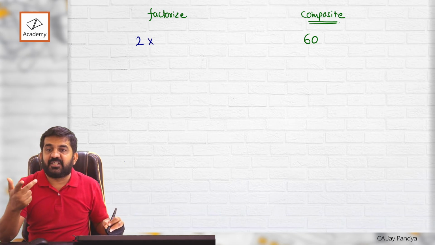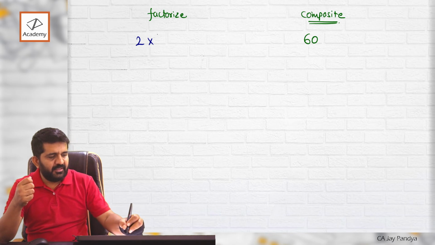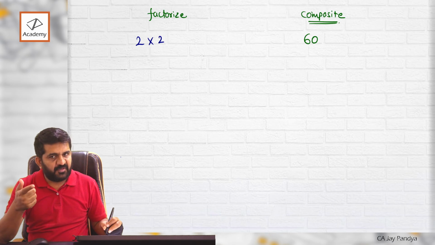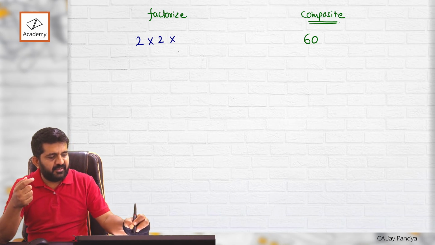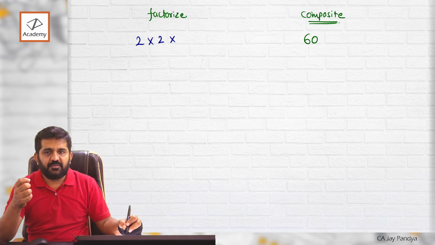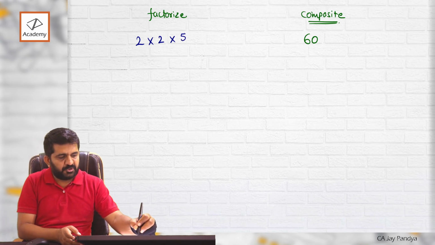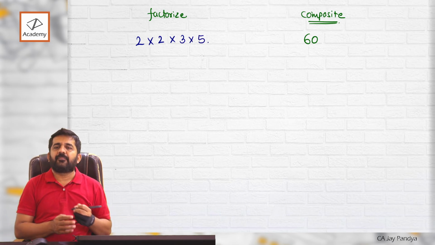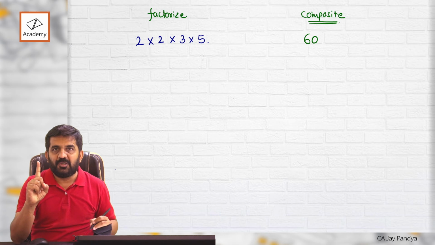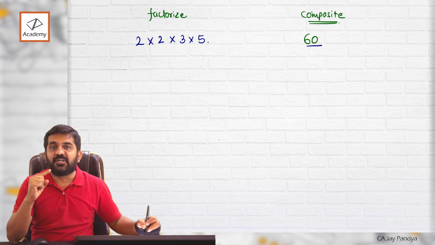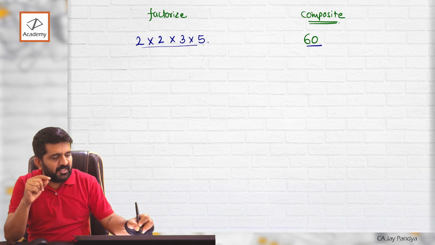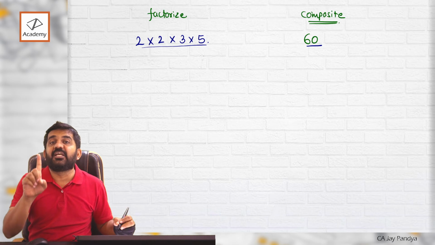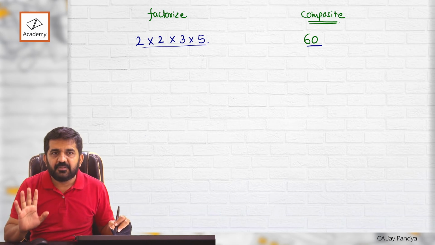What is remaining? 30, right? 30 is 2 into 15. 15, we know the factorization. 5 into 3, right? Instead of 5 into 3, I am writing 3 into 5. Right? Again a rule. Every composite number will be a multiplication of prime numbers, and this combination will be unique.